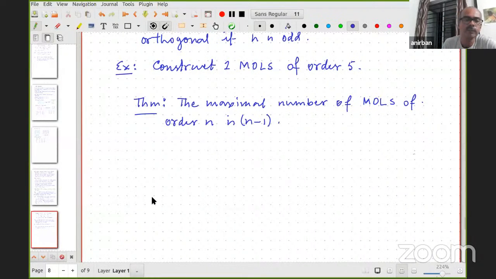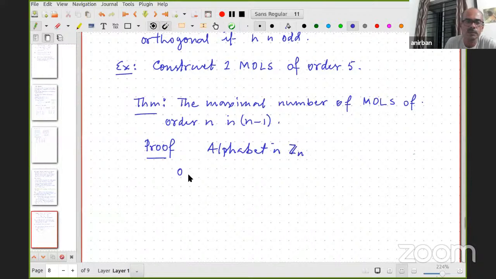So why is this true? The proof is actually very easy. Maybe I would just write down a proof when I send the note. I can just talk about the proof now, so that's better. So we have this n, an alphabet of size n, and without loss of generality the alphabet is Zn, represented by integers 0 to n minus 1.